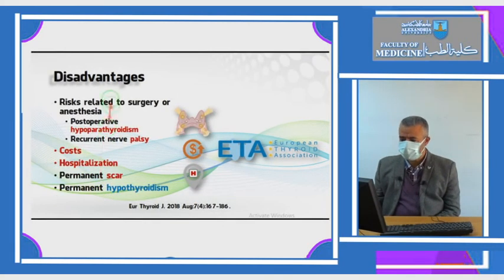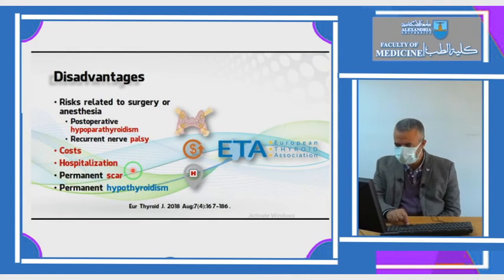However, the disadvantages are related to the post-operative complications like post-operative hypoparathyroidism and the risk of recurrent nerve palsy. It has a high cost, it requires hospitalization, it leads to permanent scar. However, permanent hypothyroidism is not considered to be a complication but rather a sequel.